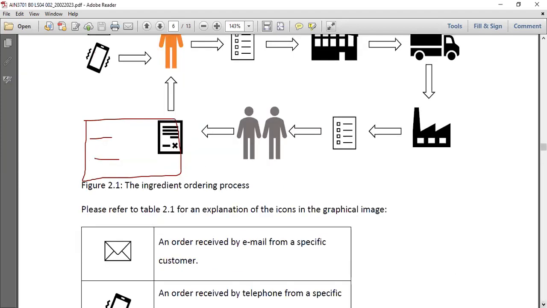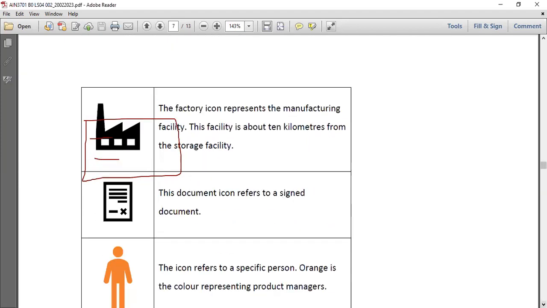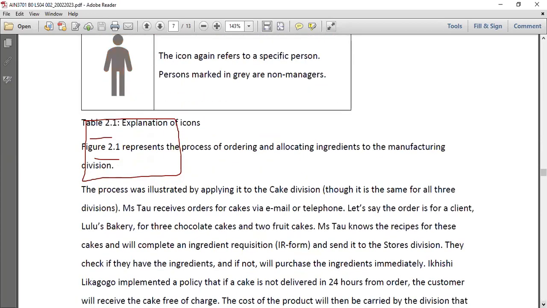After receiving the order, Miss Tau, let's say the order is for a client, Lulu's Bakery, for 3 chocolate cakes and 2 fruit cakes. Miss Tau knows the recipes for these cakes and will complete an ingredient requisition form and send it to the stores division. Right. They check if they have the ingredients, and if not, they will purchase the ingredients immediately.